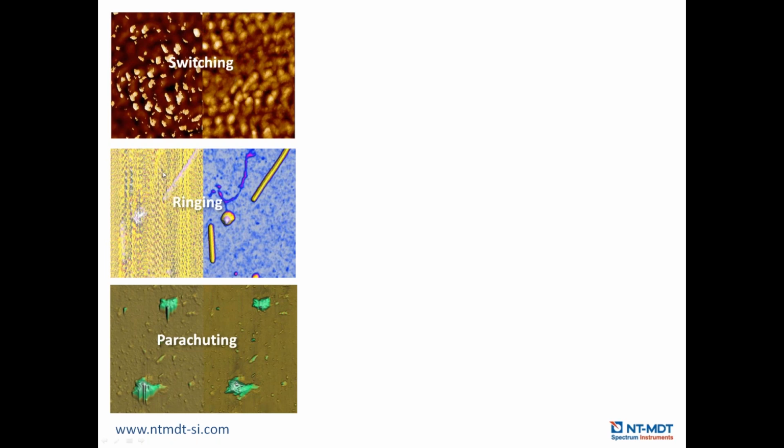The second artifact is so-called ringing, when the PID regulator is over-regulated and it is being excited, and you can see parasitic excitation. From the left side is the common case of this artifact, and from the right side is the topography with the right parameters. And the third case is so-called parachuting, when the tip detaches at the high point of the sample and parachutes back to the substrate. These parachuting effects can also be commonly seen.